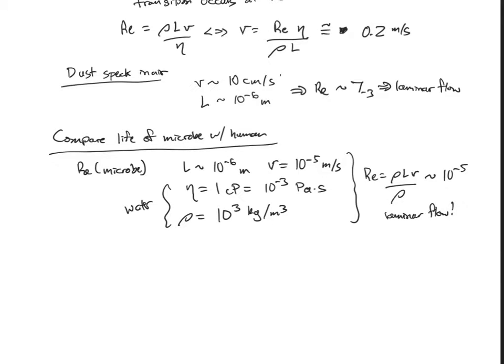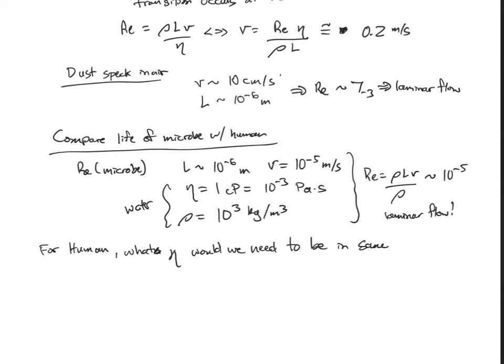So let's ask the question, if you were a human being, instead of just calculating the Reynolds number for a human being, I want to calculate what eta we would need to be at the same Reynolds number.